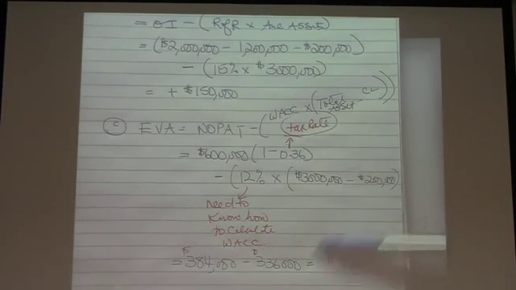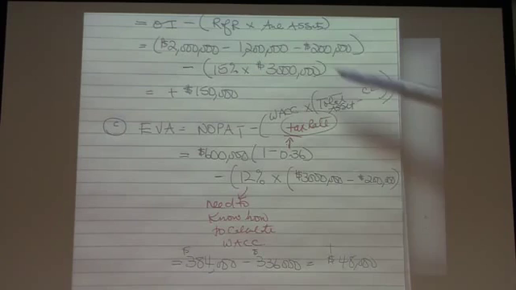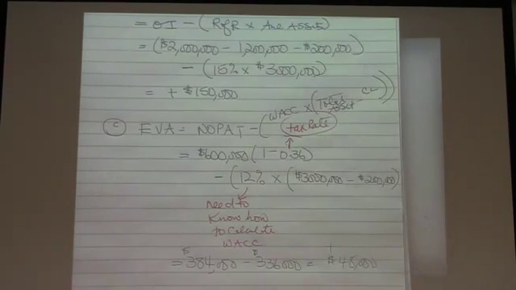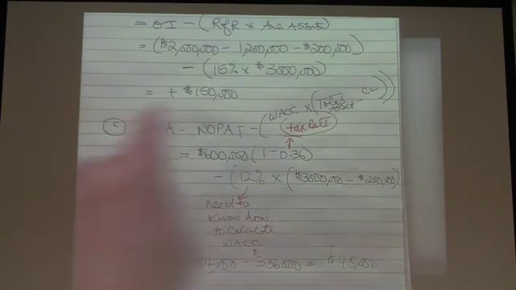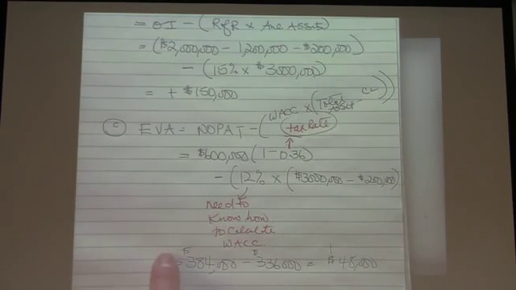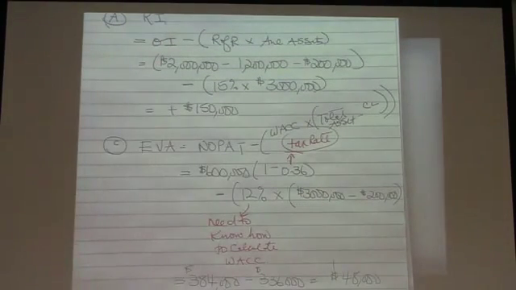And this one really looks at it a little bit more, and you can see how this is a similar formula, but EVA is a much more realistic depiction of what we need to calculate, as opposed to the residual income, which is a much more simplified basis.